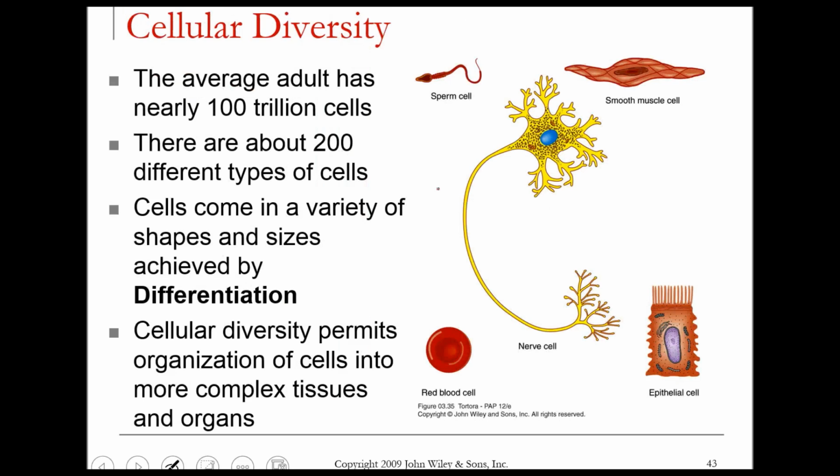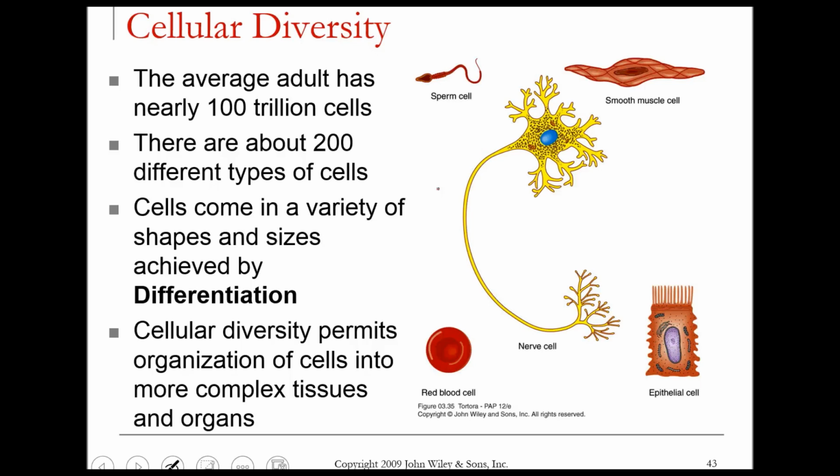So, we've been talking a lot about cells, and there are a lot of different types of cells. The average adult has nearly 100 trillion cells and about 200 different types. So you have muscle cells and nerve cells and blood cells, epithelial cells and connective tissue cells. There are a lot of different shapes and sizes of cells, but we all start off as a single-celled organism.